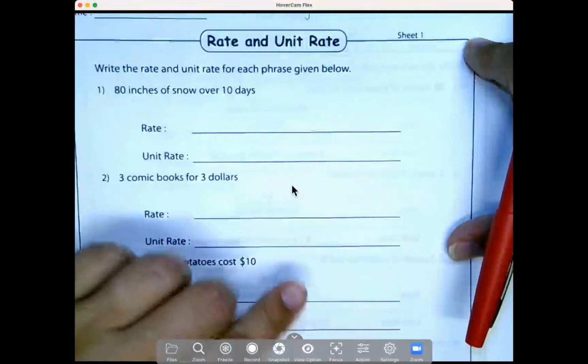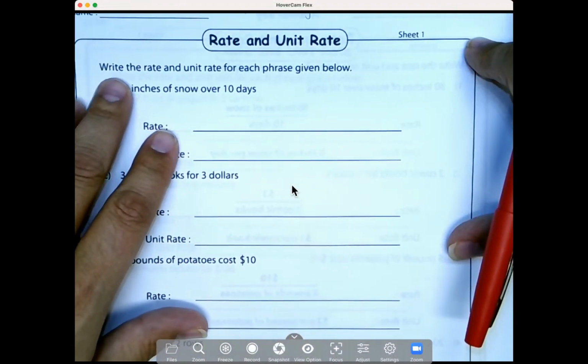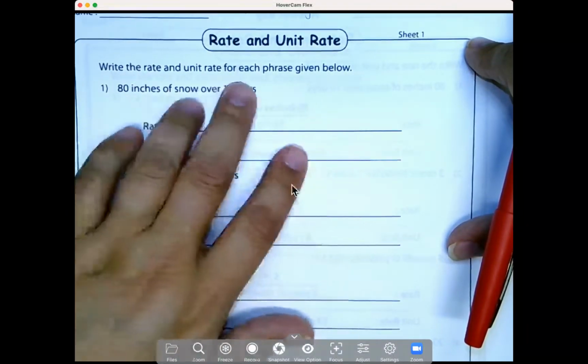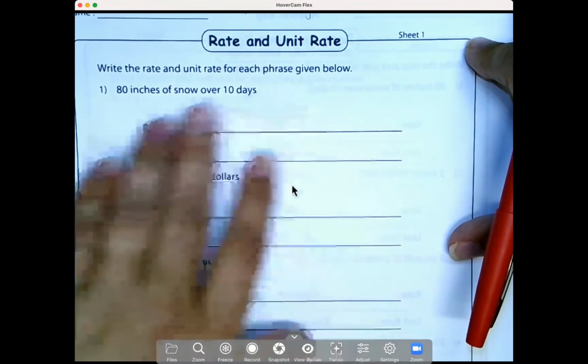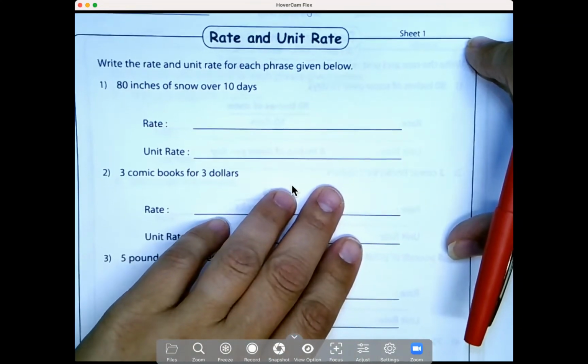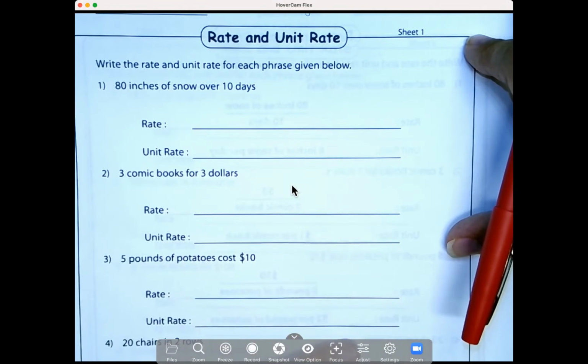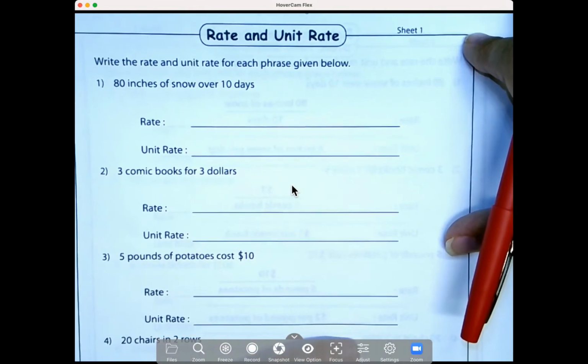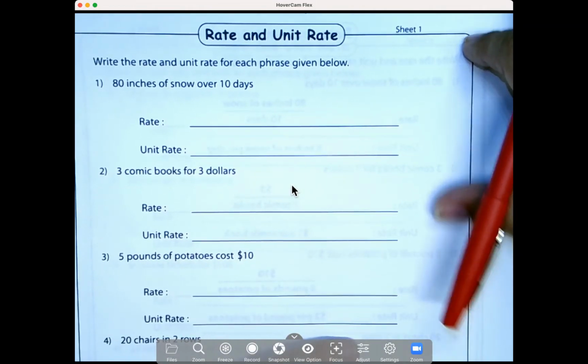On this worksheet, it says to write the rate and unit rate for each phrase given below. I'm going to edit this a little bit to also have the students write the equation for the constant of proportionality.